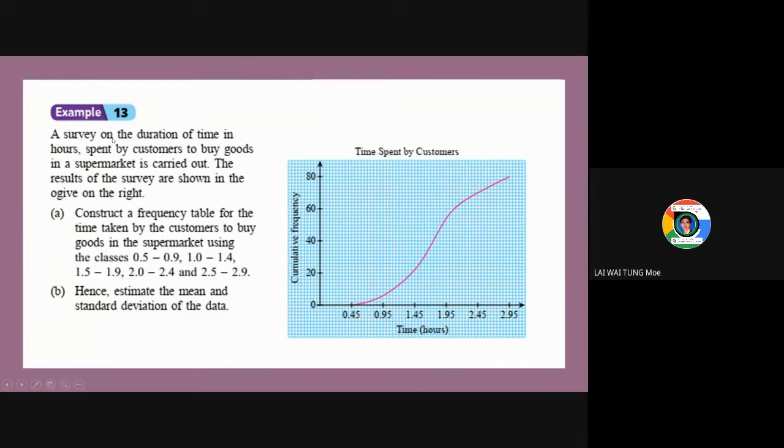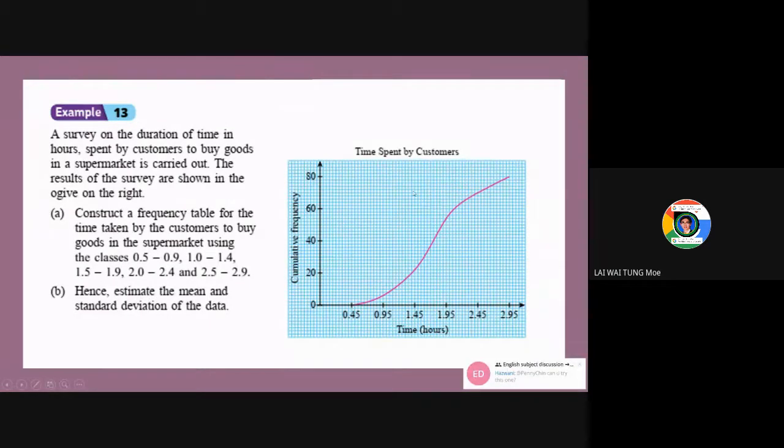A survey on the duration of time in hours spent by customers to buy goods in a supermarket is carried out. The results of the survey are shown in the ogive on the right. A, construct a frequency table for the time taken by the customers to buy goods in the supermarket using the classes. Okay, this one. And then B, hence estimate the mean and standard deviation of the data.